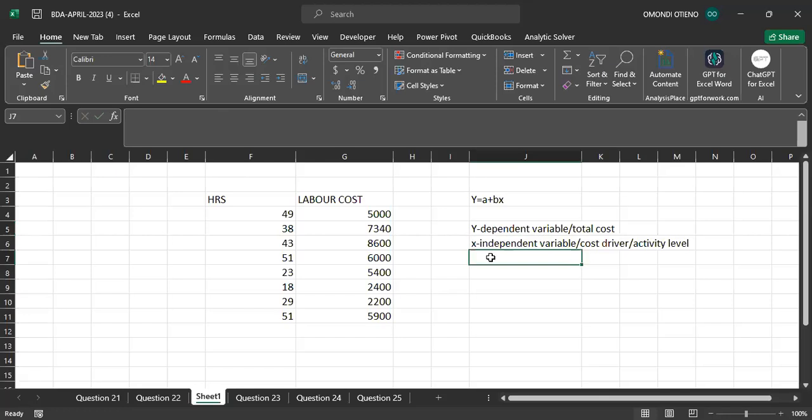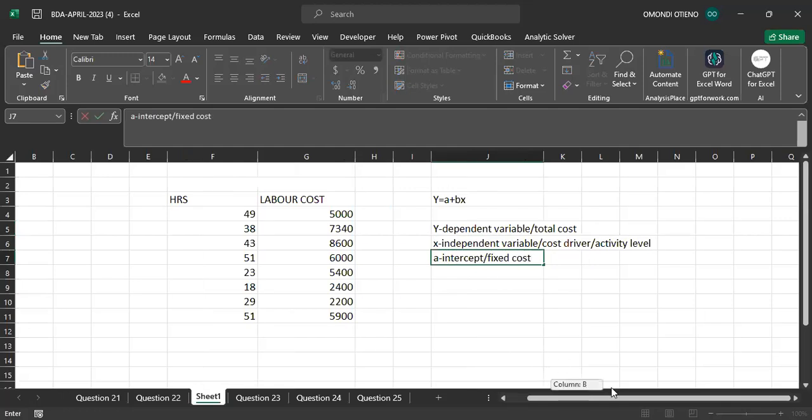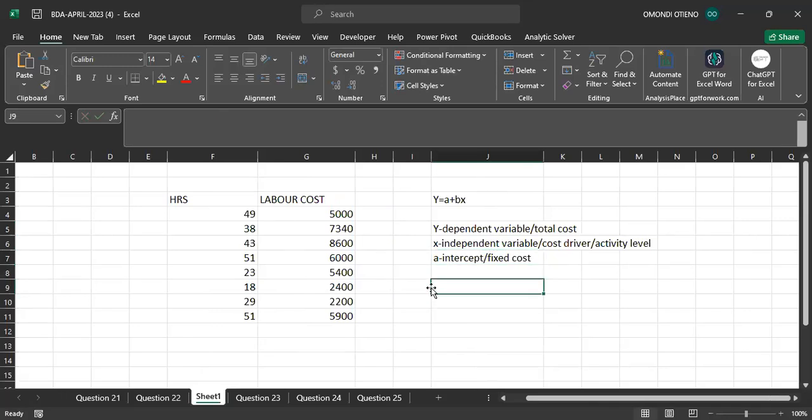Then we have A. This A is the intercept. So if you're told to give us the intercept, A is the intercept. We are going to call it fixed cost. This one here will be incurred whether we have zero activity level, whether you've produced 0 units. You must pay rent.